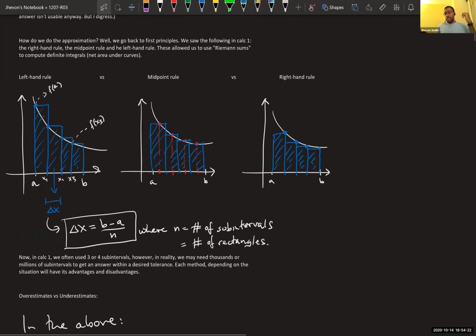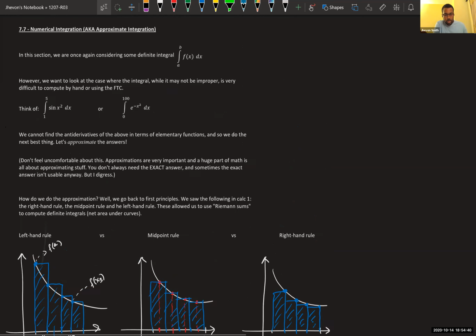What I would say is definitely look up limits for tomorrow's class. Review your limits from Calc 1 if you haven't already, and go back over your notes, and review the left-hand rule, the right-hand rule, and the midpoint rule. Conceptually, these are still going to be important.